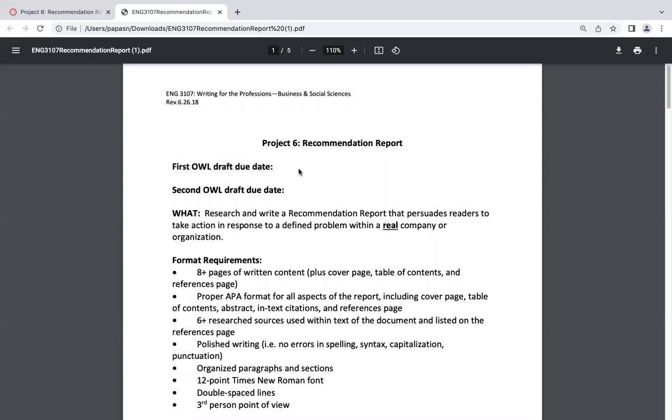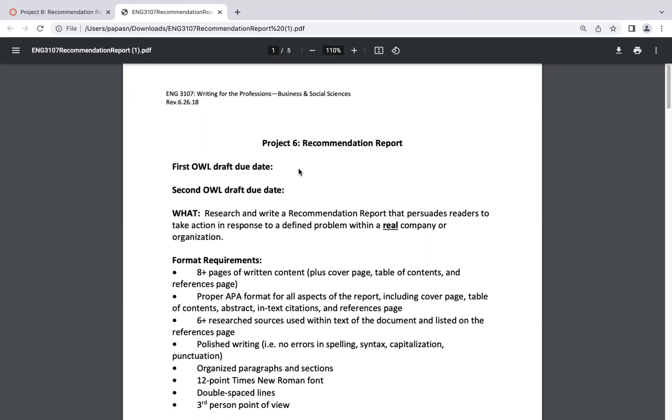Let's look at the big one. Project 6, the recommendation report. Project 3, you wrote a proposal for this. Project 4, you evaluated the solution that another company actually implemented, or something that they did in response to a problem.